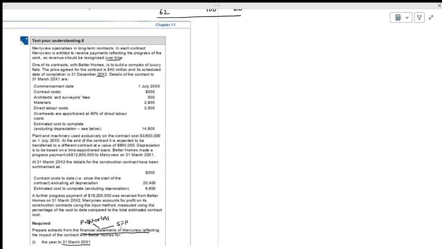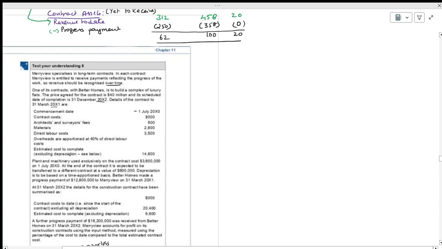Details of the contract to 31st March. Dates are important. Understand the point? It will complete on 31st December. Commencement date, when they commenced: 1st July.